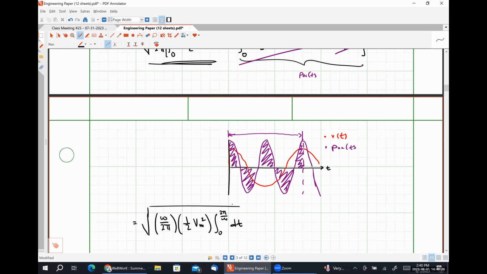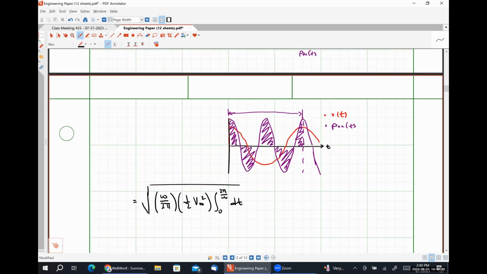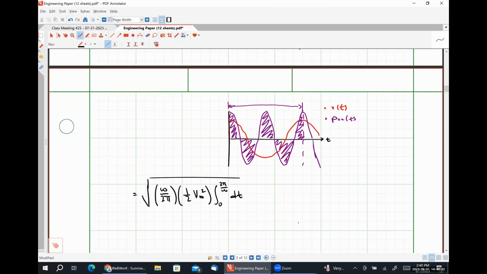Well, the integral from 0 to 2 pi over omega of dt is just 2 pi over omega, which means this integral just cancels out this fraction, and we're left with an effective value of the magnitude of the voltage divided by the square root of 2.